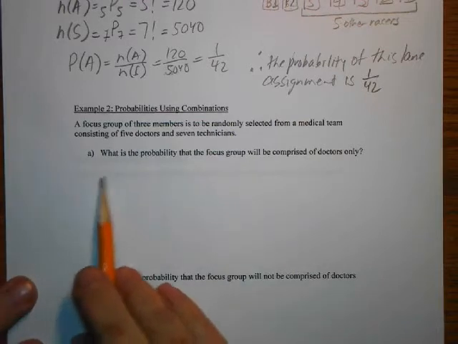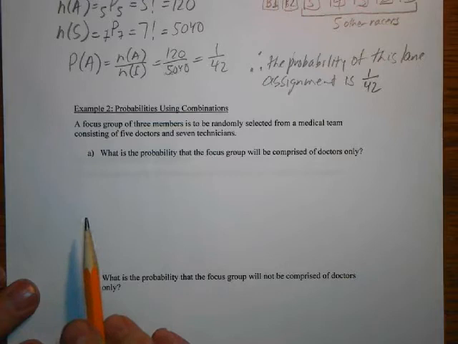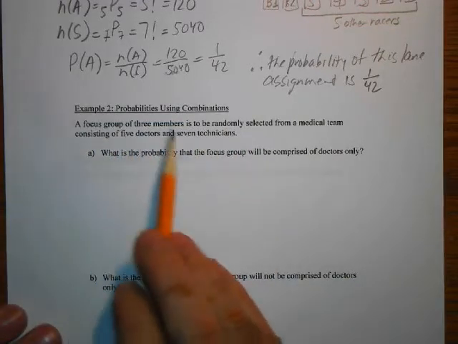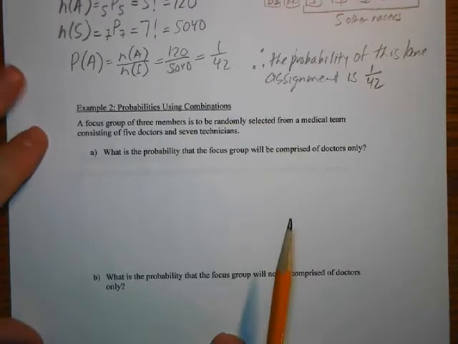Okay, so first part, what's the probability that the focus group will be comprised of doctors only? So in the original part up here, these groups, focus group, you could have all doctors, you could have all technicians, or anything between that, where you have 1 or 2 from each group.